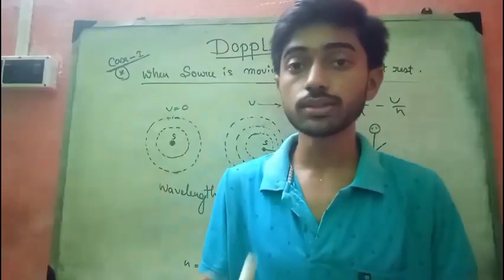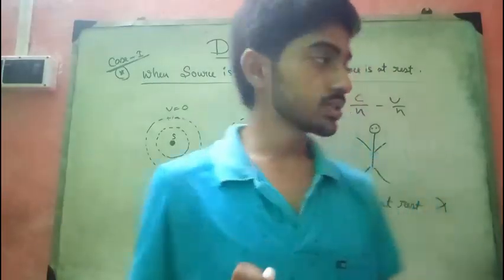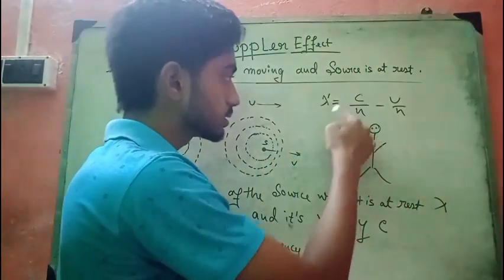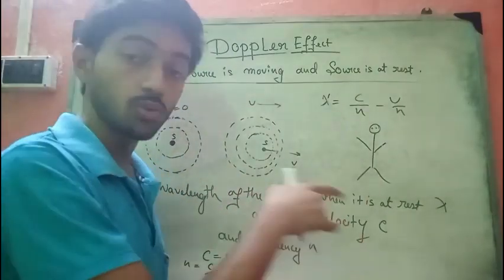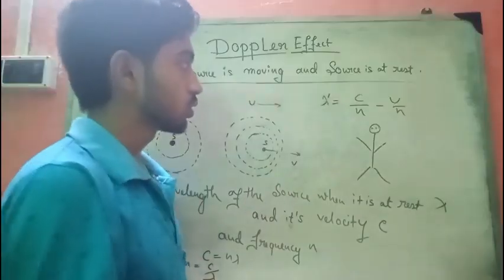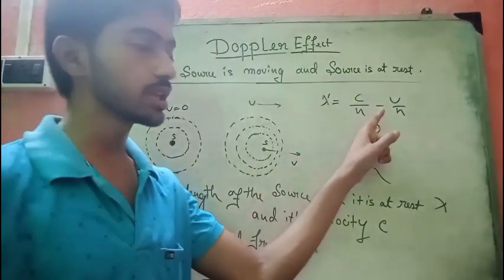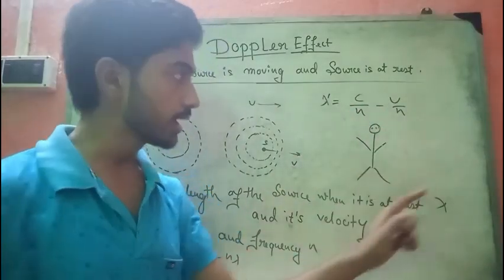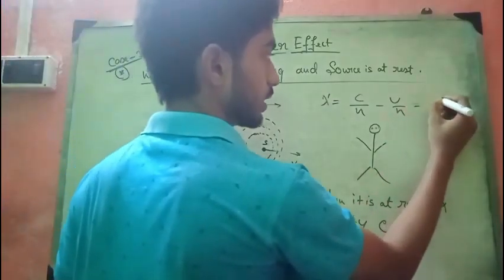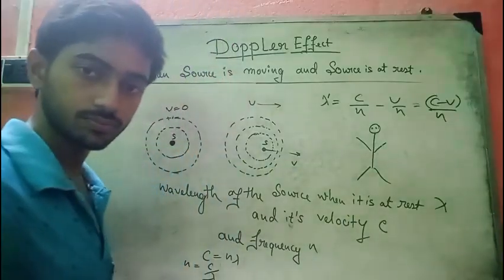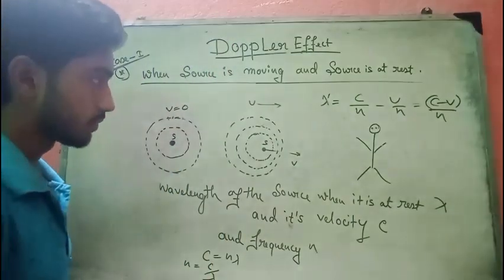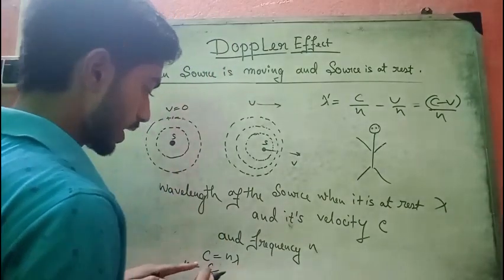When the source is at rest, the frequency of the source is n, and the velocity of the wave is c. So now lambda dash equals c minus v by n. Okay, now how can we write it now?